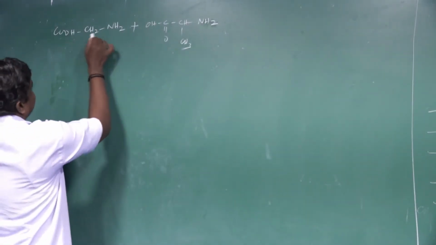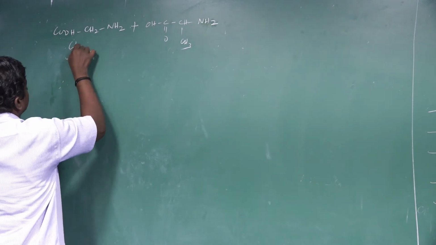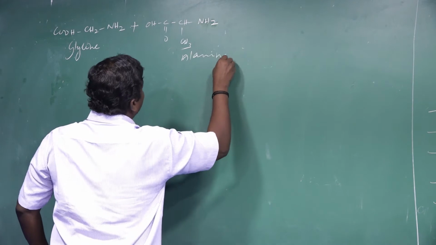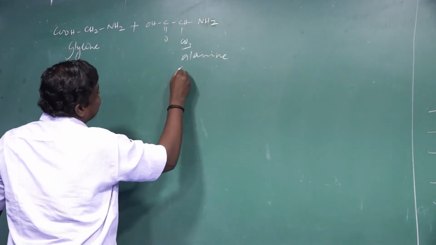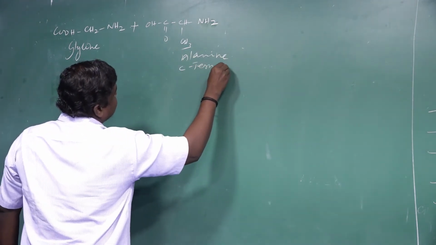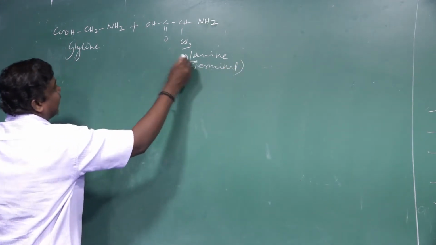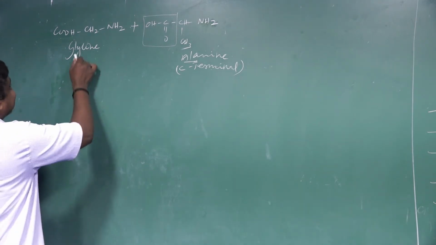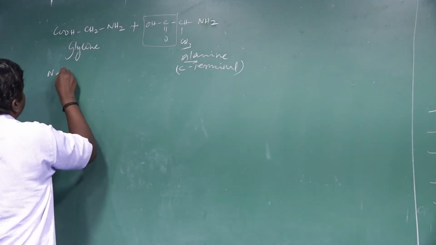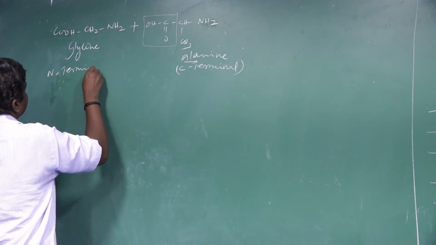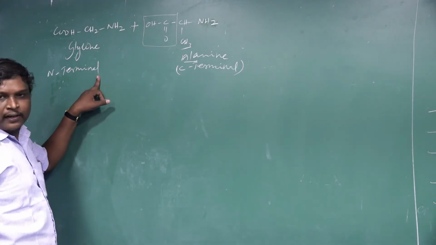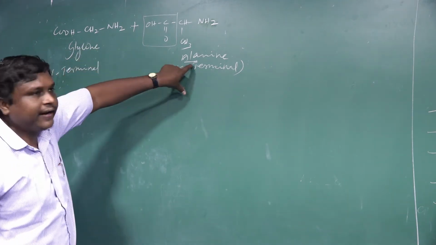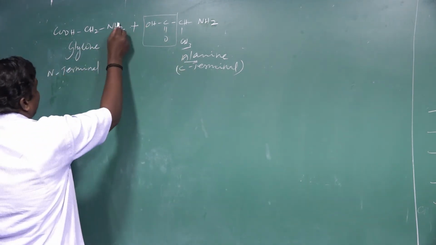So alanine has the C terminal, and glycine has the N terminal. Glycine is the N terminal, and alanine is the C terminal. Removal of water molecule.